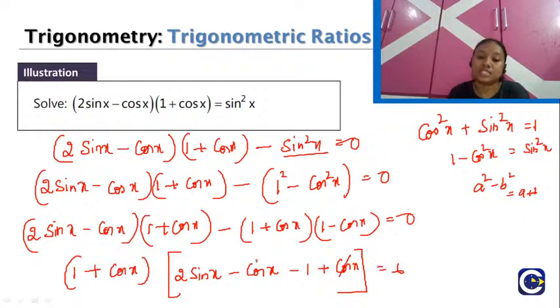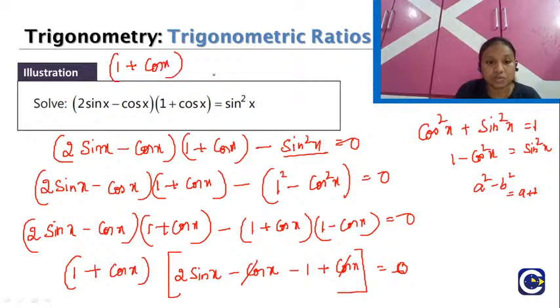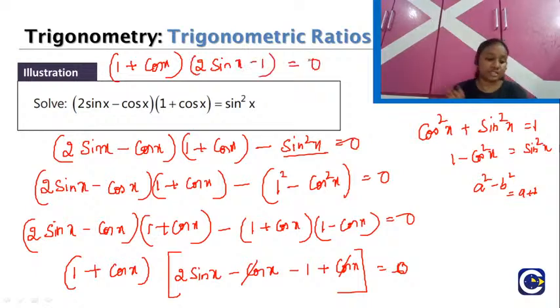So plus cos x and minus cos x will get cancelled, and we will be remaining with 1 plus cos x into 2 sin x minus 1 is equal to 0. Right. So if you observe from here to here, we have simply factorized our given trigonometric equation, isn't it? So now we have to write the solution of it.